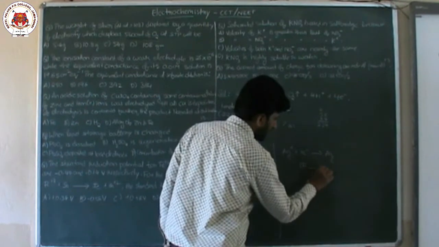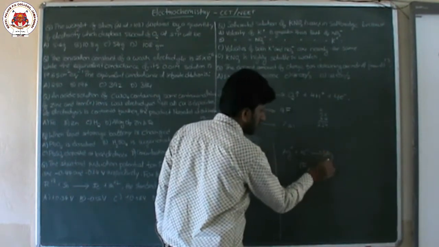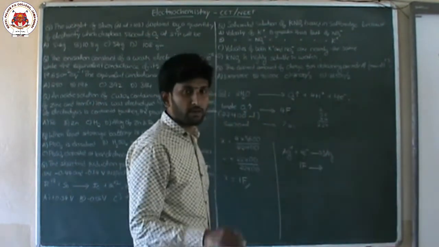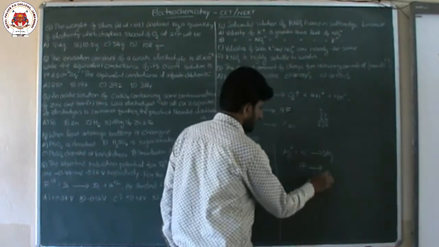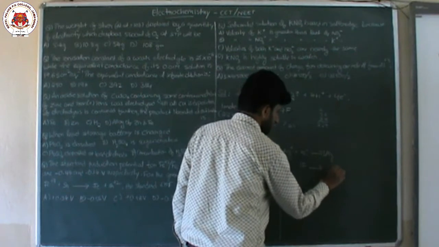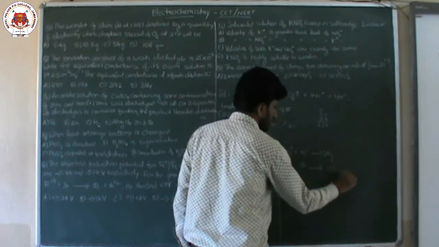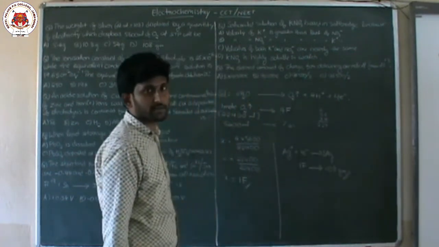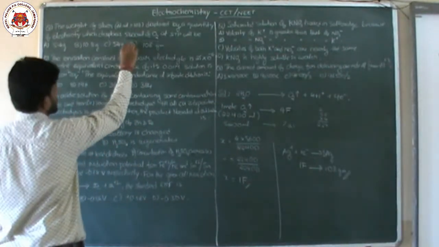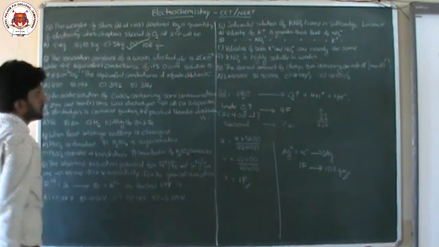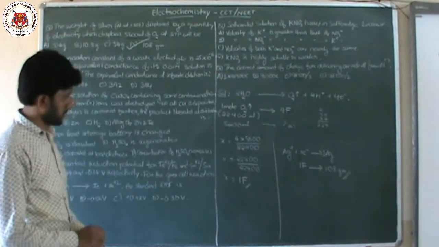So 1 farad can deposit 1 mole of silver, and the weight of 1 mole of silver is 108 grams. That means the answer is 108, option D.